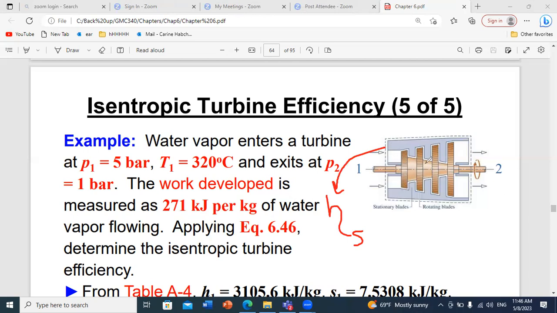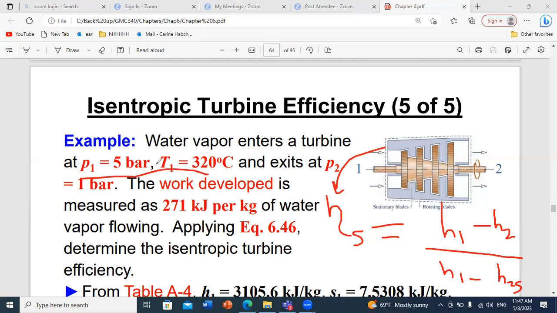All you have to do is to say that the isentropic efficiency is equal to H1 minus H2 over H1 minus H2S. Okay, how to do this? First, what do we have in this problem? We have water. We know P1 and T1.